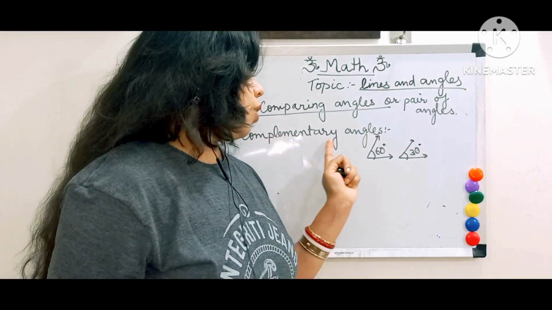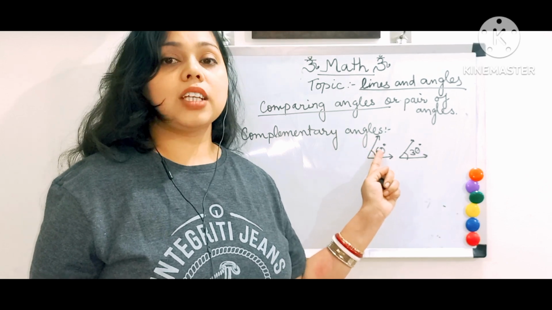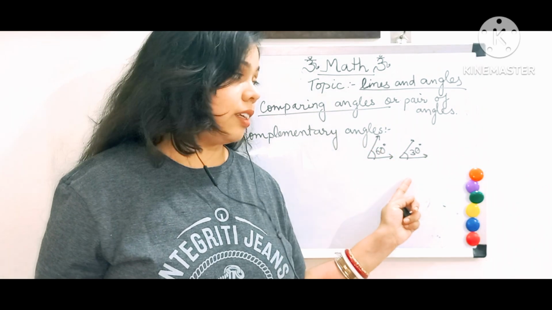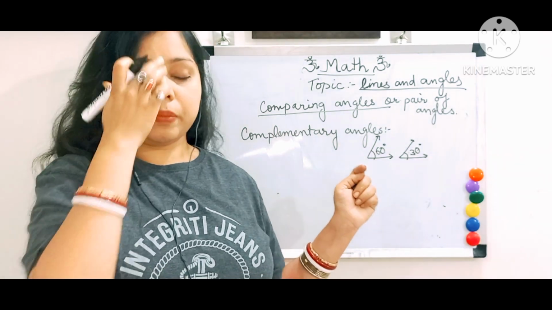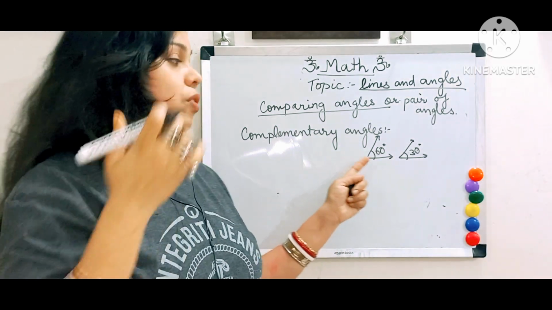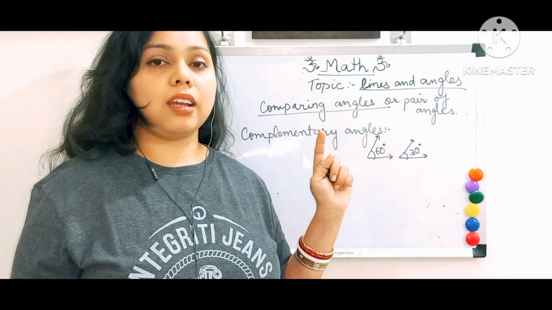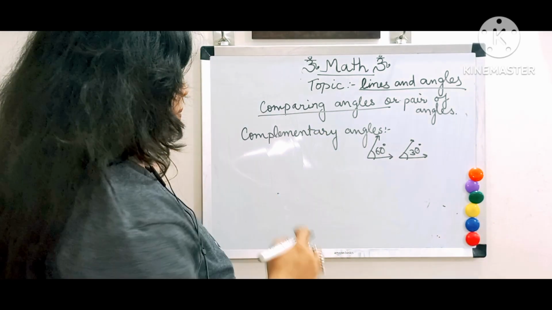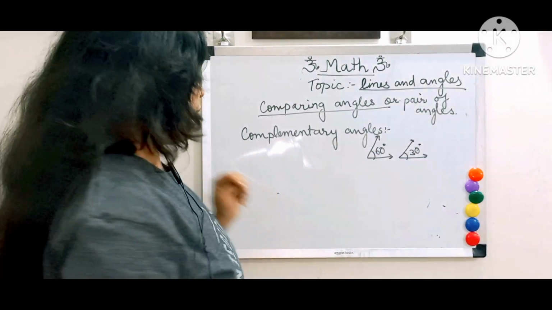So the definition of complementary angles is, if there are two angles and the sum of the angles is 90 degrees, we will call them complementary angles. If the sum of the angles is more than 90 degrees, we will not call it a complementary angle. We can take other examples also in the same way.